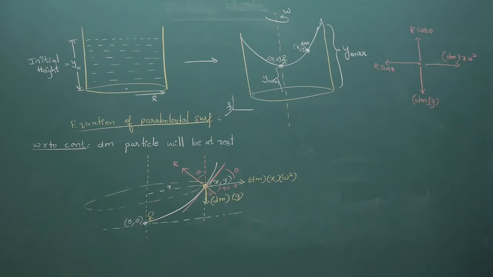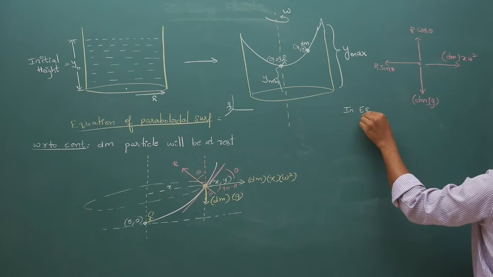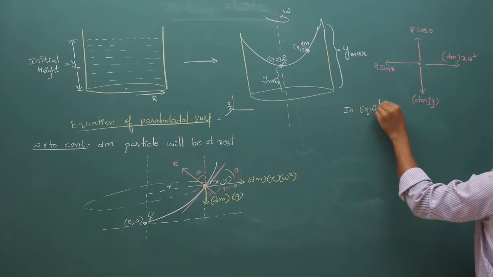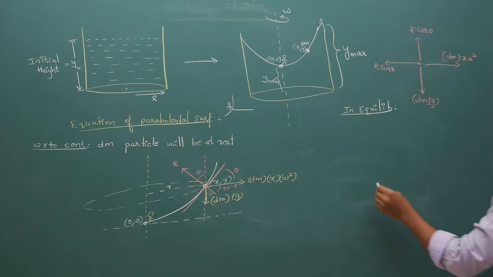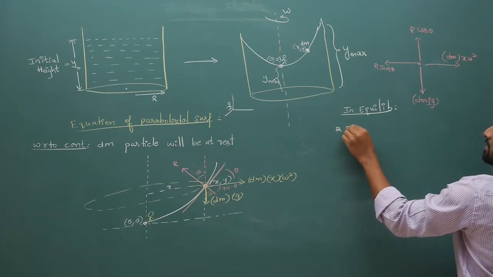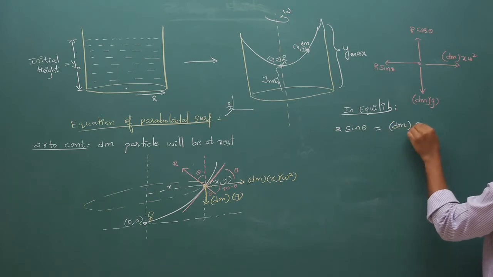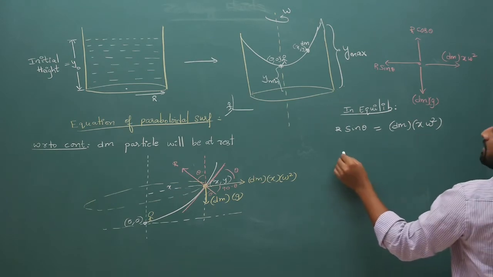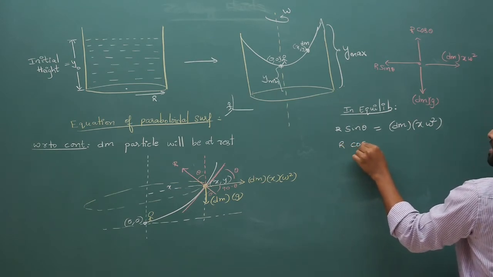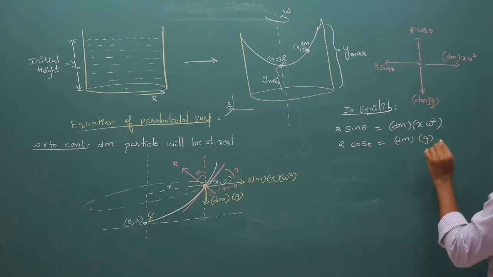So now let us come back. Solving these equations, in equilibrium, obviously your net force is 0. So in equilibrium, when net force is becoming 0, you can write r sin theta is equal to dm into x omega square, and in the vertical direction r cos theta is equal to dm into g.